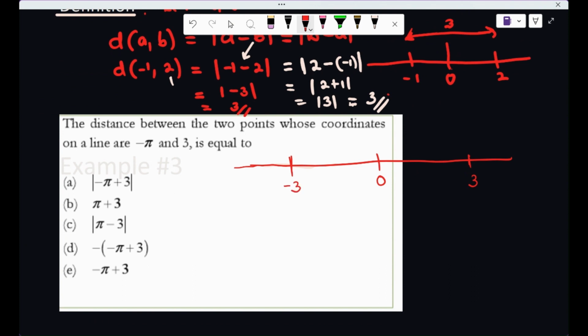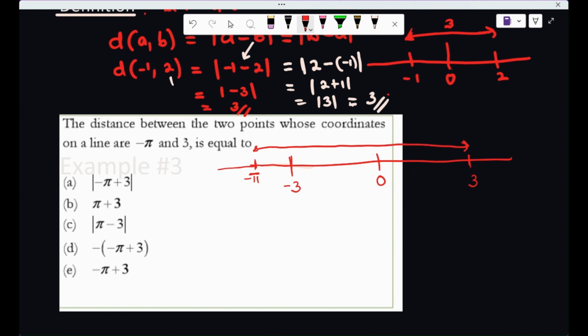But we're interested in -pi. Remember, -pi is going to be somewhere here, because -pi is less than -3, because -pi is -3.14 something something.